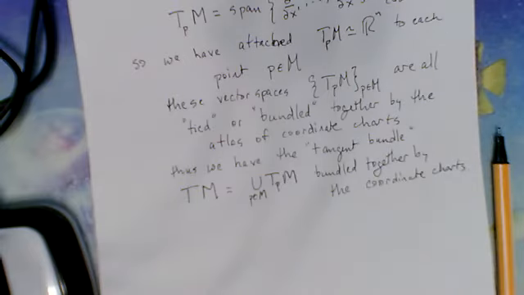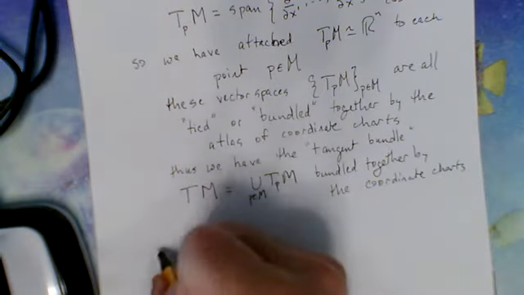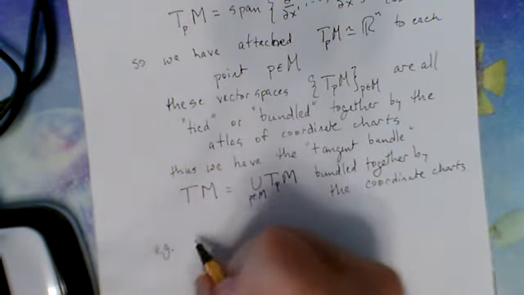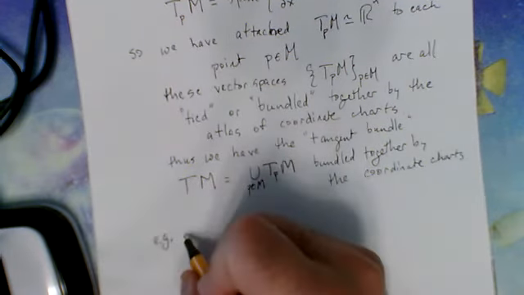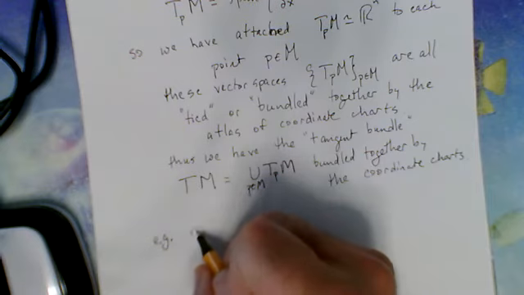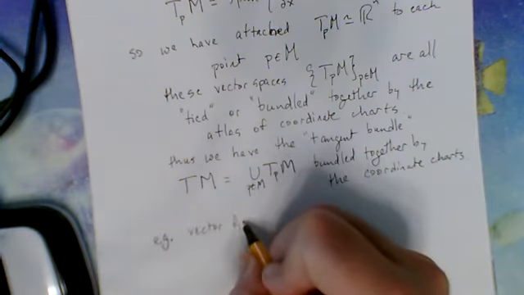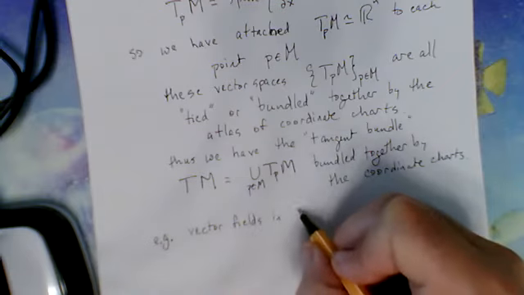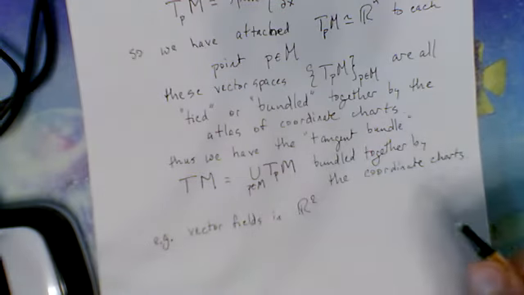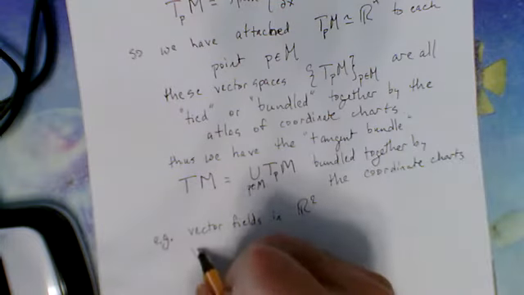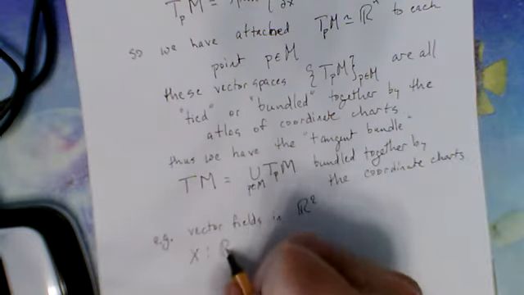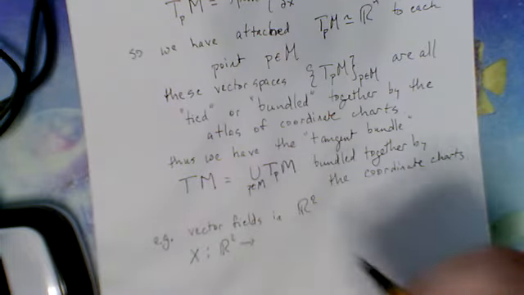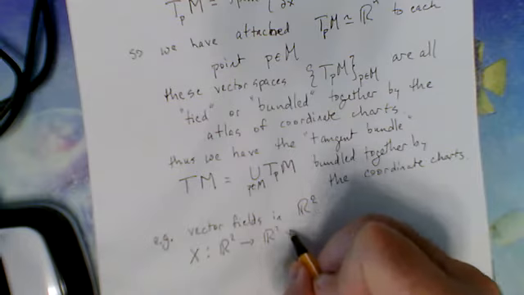So what is a vector field? An example to think about, just to make you a little bit more comfortable with all of this: you should think about vector fields in the plane as a mapping from the plane to not just the plane, but the plane cross the plane.